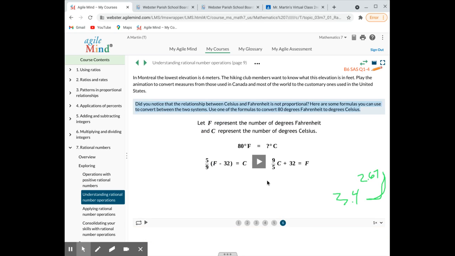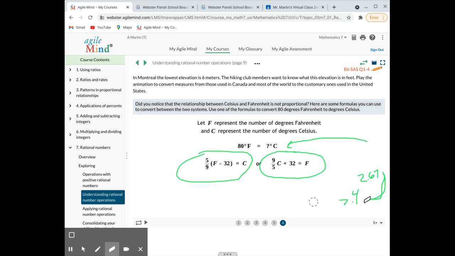All right. Let's take a look at this. It says, did you notice that the relationship between Celsius and Fahrenheit is not proportional? Here are some formulas you can use to convert between the two systems. Use one of the formulas to convert 80 degrees Fahrenheit to degrees Celsius. So I want y'all to use these formulas right now. The formulas that we're talking about are this one or this one, and you're going to solve that problem right there.